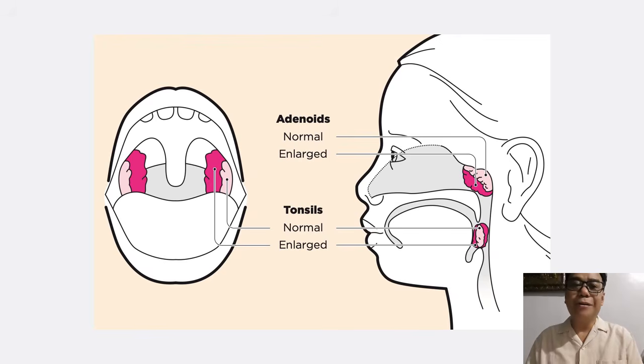So for our nursing intervention, we just need to put them on bed rest. We need to instruct them on increasing oral fluid intake. And for their oral hygiene, aside from the usual thing that they are doing, we could also ask them to do warm saline gargling.